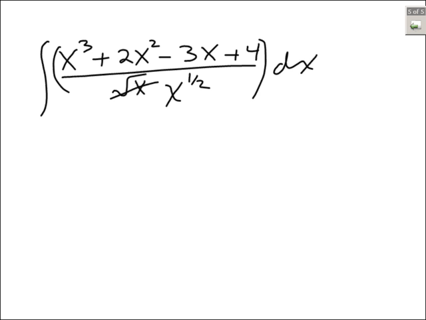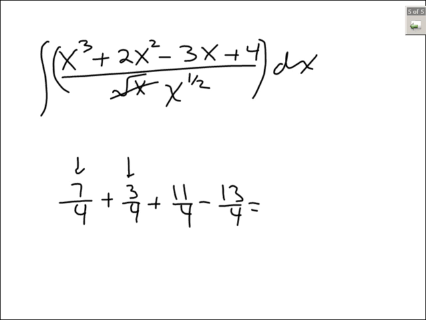Now, remember, if you have, say, 7 over 4 plus 3 over 4 plus 11 over 4 minus 13 over 4, clearly the 7, the 3, the 11, and the 13 are all being divided by 4. Now, think about how you would calculate that fraction.